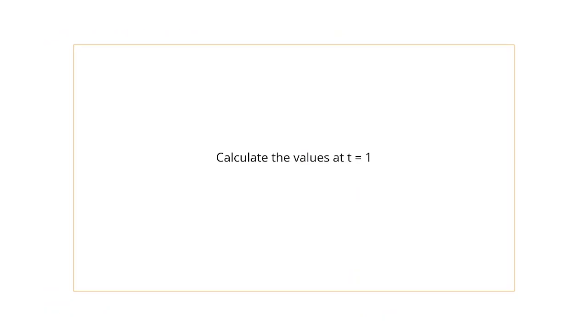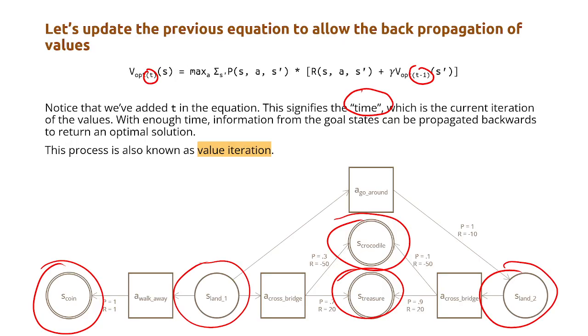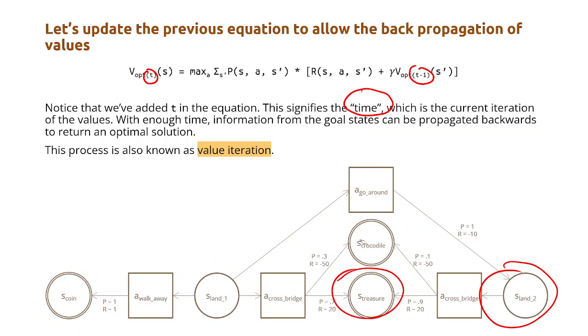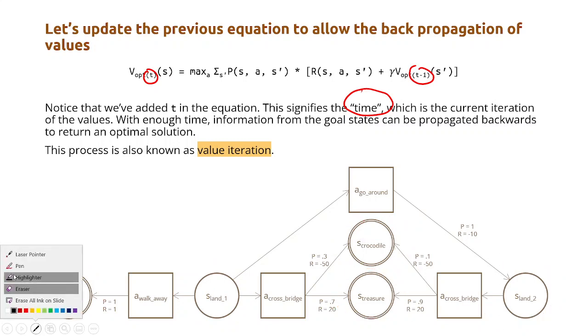By the way, the goal states, or the states with two circles, their values will be 0 all throughout the time.